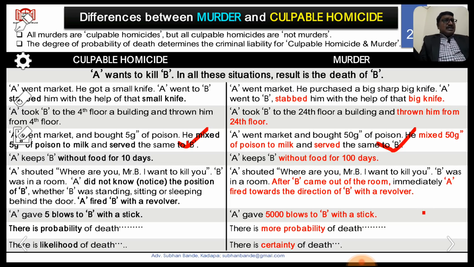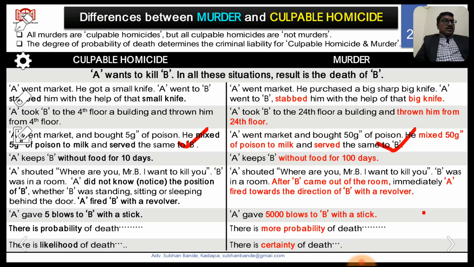In both the cases, A wants to kill Mr. B, A mixed the poison into the milk and served the poison-mixed milk to Mr. B. Then what differentiates whether he committed culpable homicide or murder?